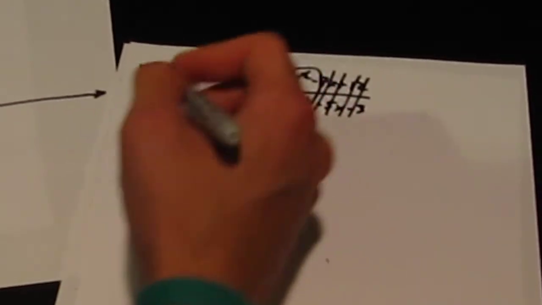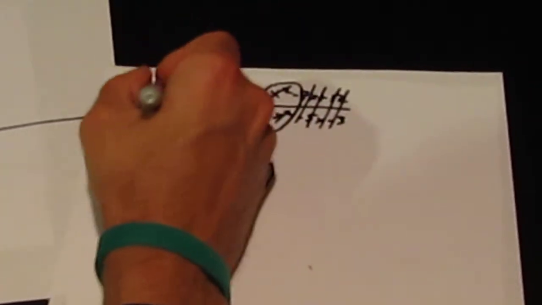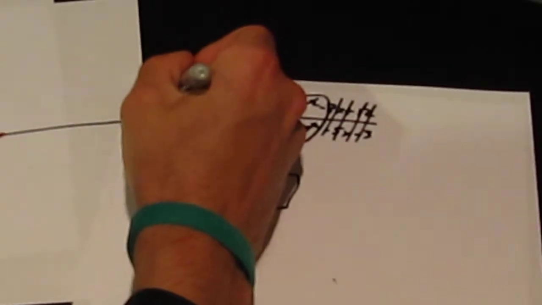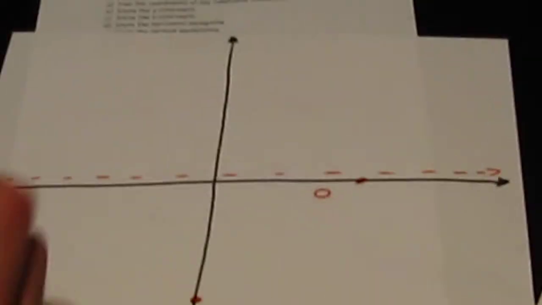That's the horizontal asymptote. Okay, so basically you're just going to plot it like so, and that is roughly 1/2.